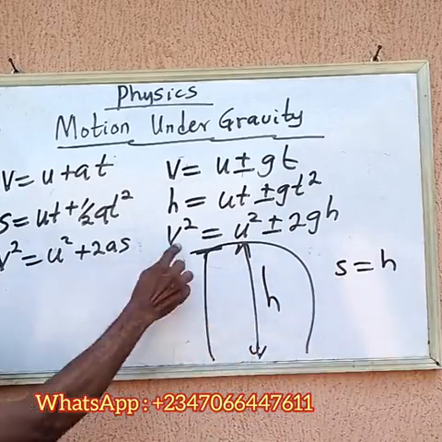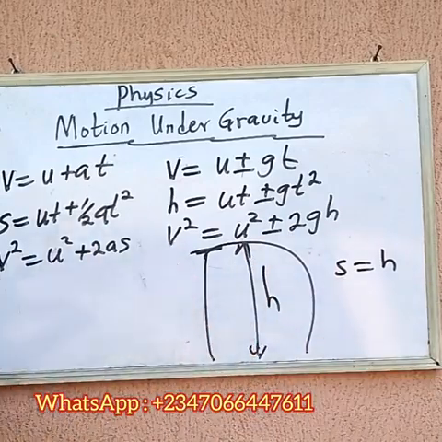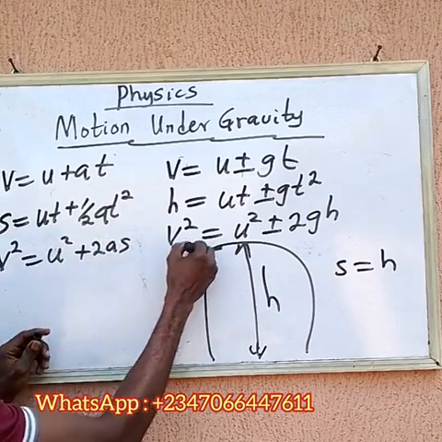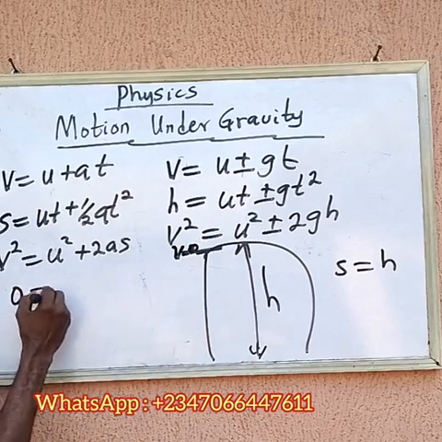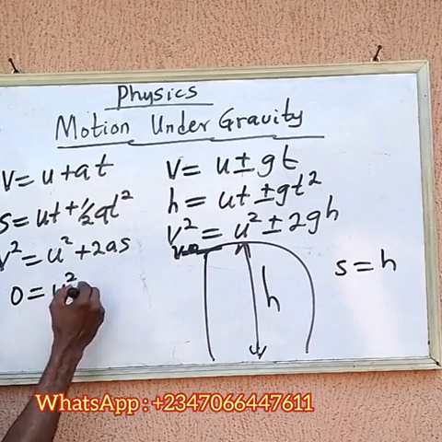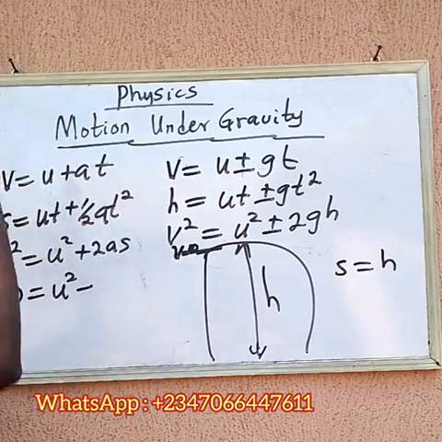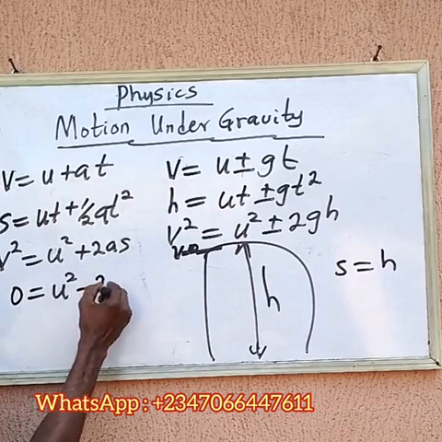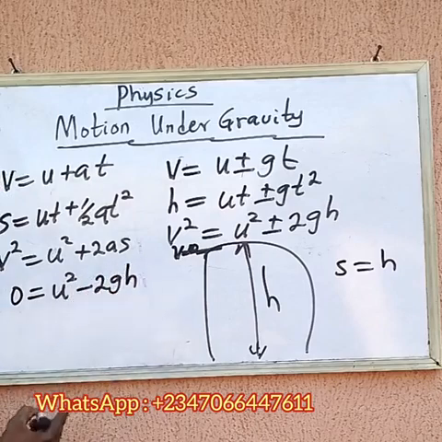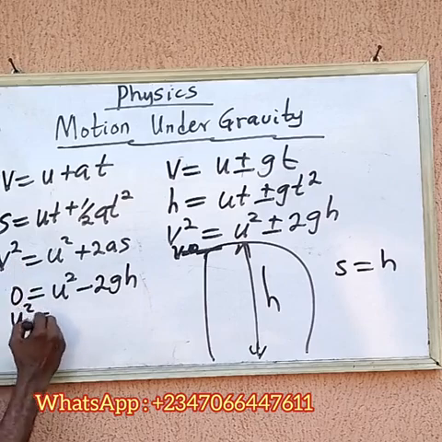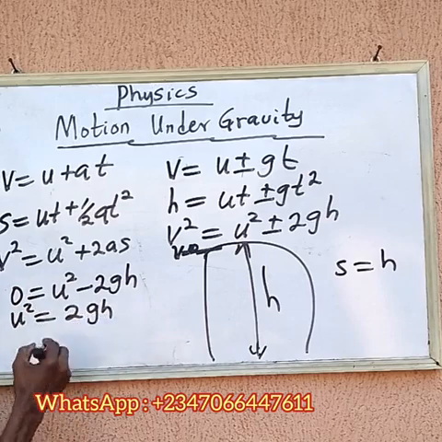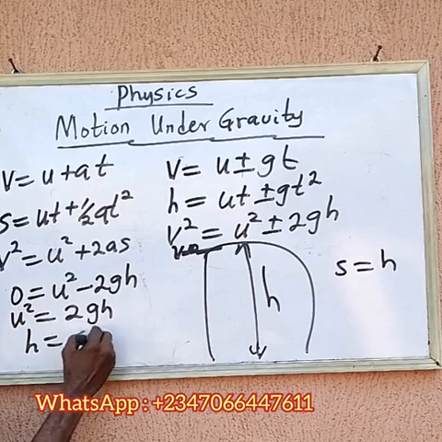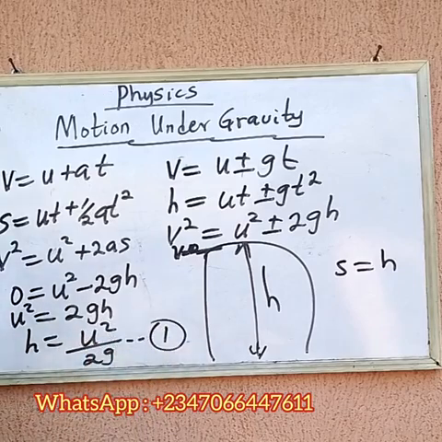How do you calculate that? Since the final velocity is equal to 0 at this point, at our greatest height, we can put 0 equal to u squared minus 2gh, because we are projecting upward, so it becomes negative. We take this to this side, and u squared equals 2gh. So we can get the height attained, h equal to u squared over 2g. This is for vertical projection.